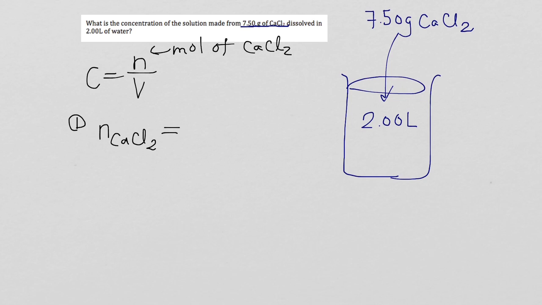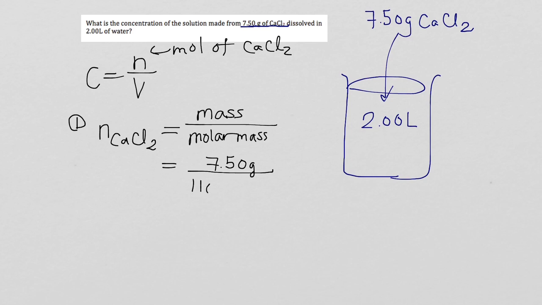So moles is calculated by taking the mass divided by the molar mass, which equals 7.5 grams divided by the molar mass of calcium chloride, which is 110.984 grams per mole.